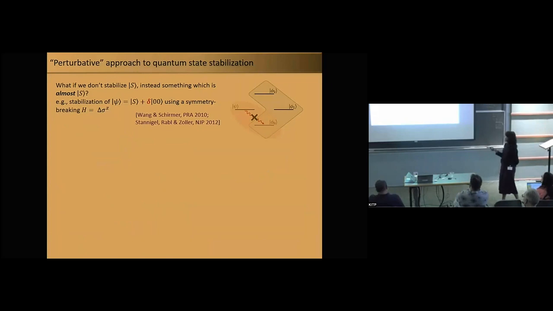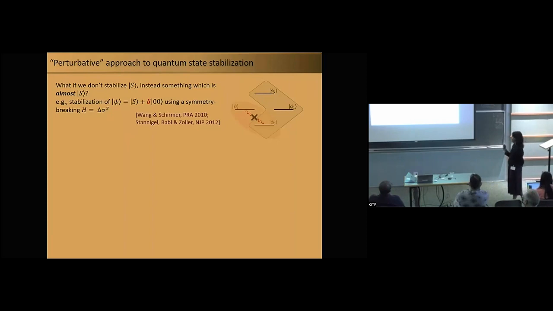This is a very commonly used trick, and in fact all the experimental demonstrations I talked about use it: you take a coherent superposition or admixture of your desired entangled target state with some other state, in this case the joint ground state, using some kind of symmetry-breaking term. Because the whole problem is that there are too many symmetries in the system, which leads to these disjoint subspaces. So if we break the symmetry, we can get a channel into this target subspace through the phi 0 state.